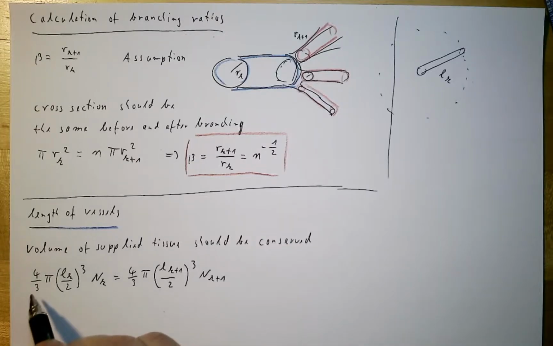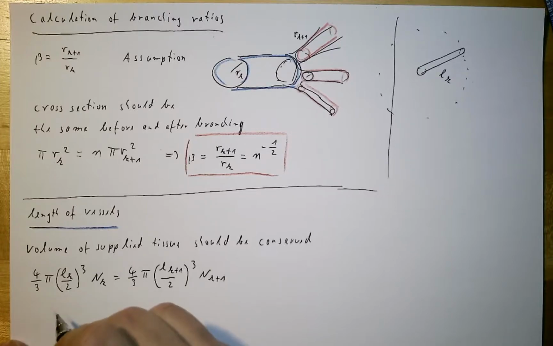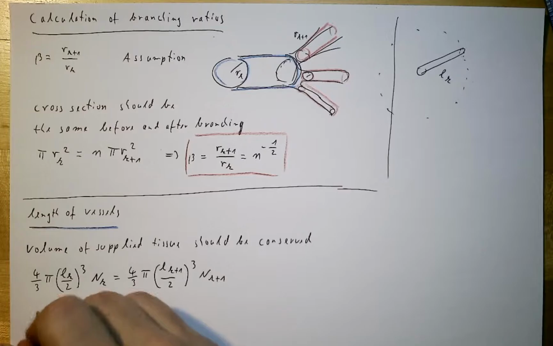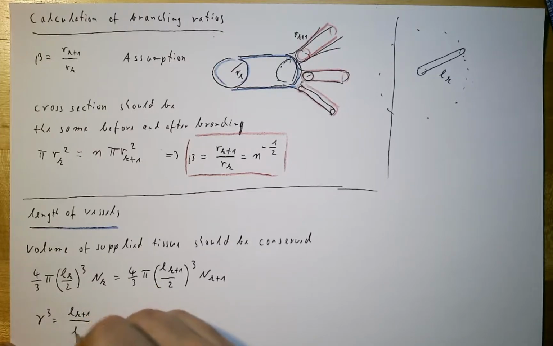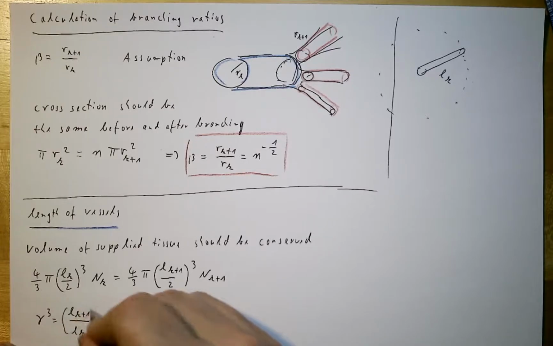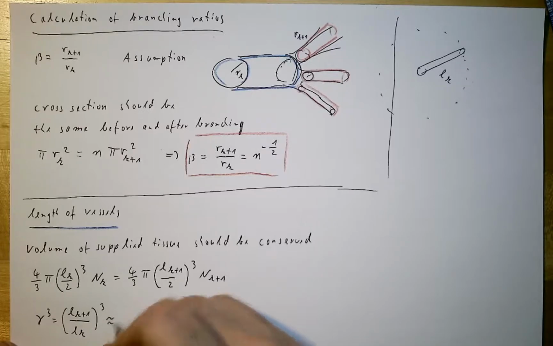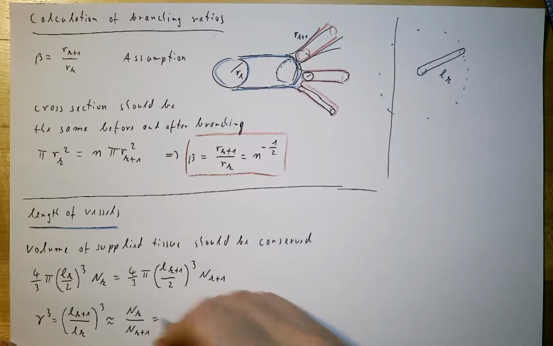And then we can cancel a lot of this, and we come to the relation that our branching factor to the power 3, so (L_{k+1} divided by L_k) to the power 3 is proportional to N_k divided by N_{k+1}, and this equals 1 over n.